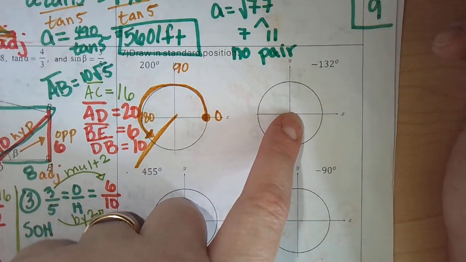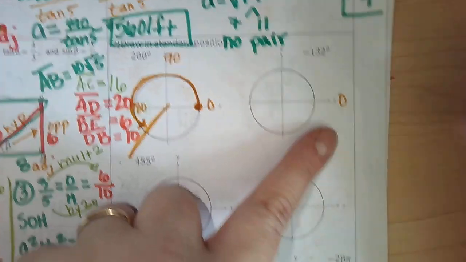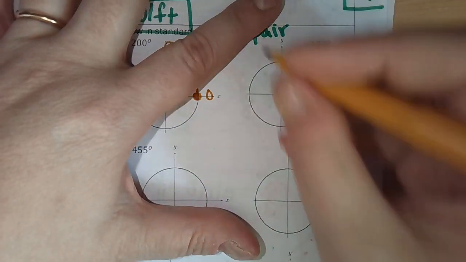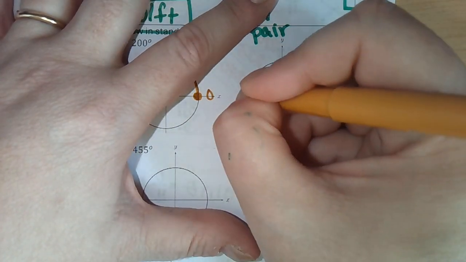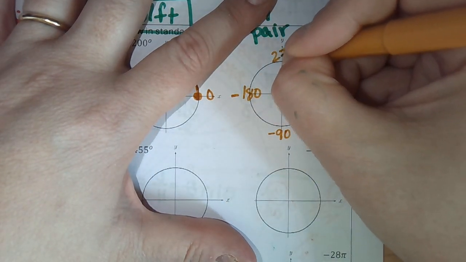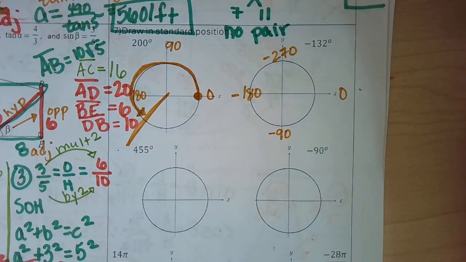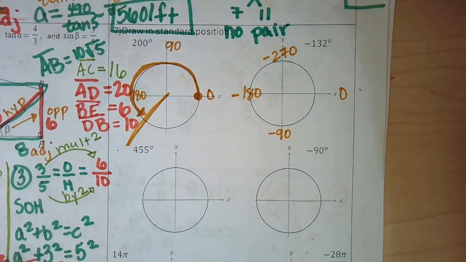Okay, let's look at negative 132. Oh no. 0 is still where he always is, but 90 is now downstairs and it's negative. 180 is in the same spot, but it's negative. 270 is now upstairs and it's negative. So negatives, the graph gets flipped upside down.